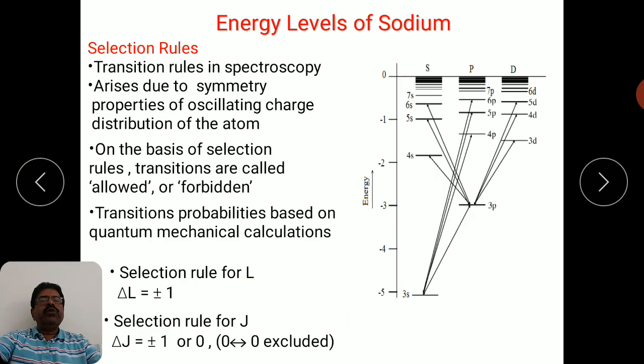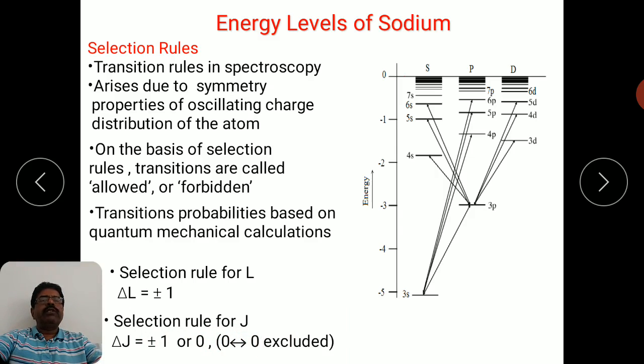Then the selection rule for the J value. Now J value, what is J? J is the total angular momentum of an atom. So whenever there is a transition, whatever the change in J value is represented by delta J is equal to plus or minus 1 or 0.